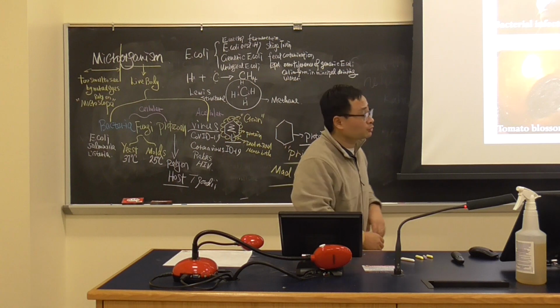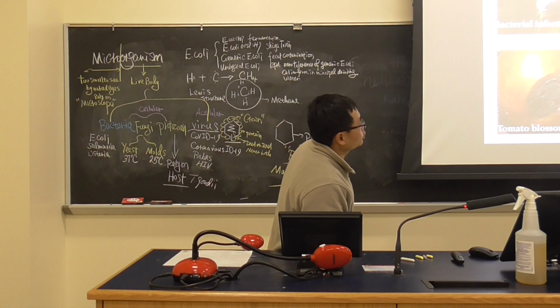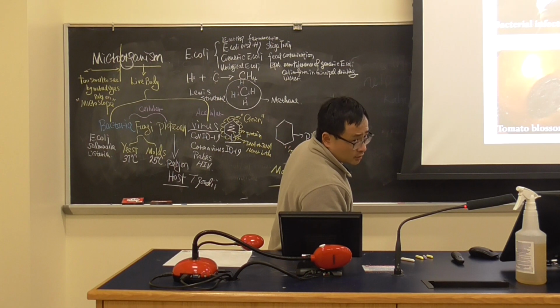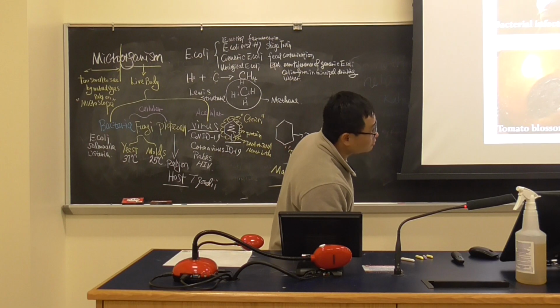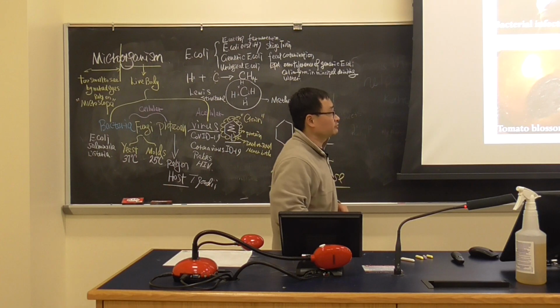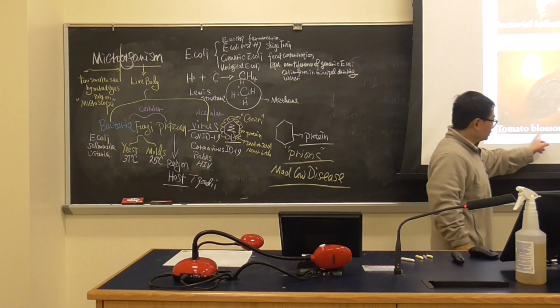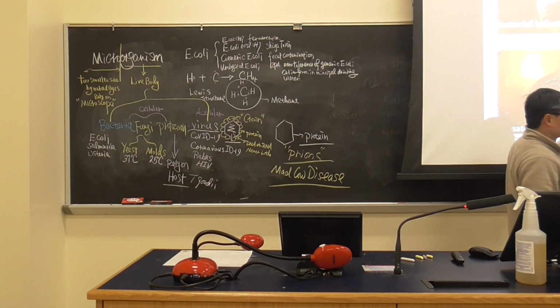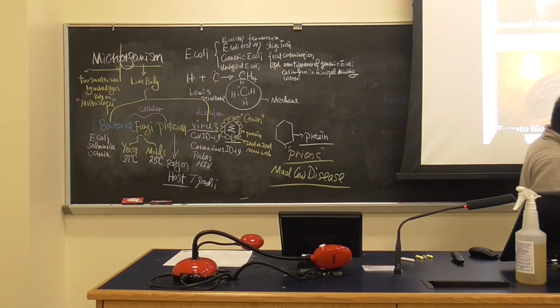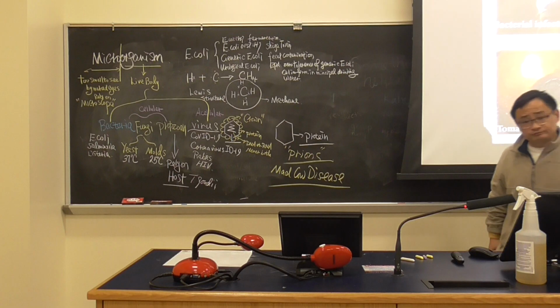This is not only the skin disease or the inflammation of the eyes. It could be a sexually transmitted disease showing up as conjunctivitis of the eye. Tomato blossom and blotch, caused by Erwinia. It's a plant pathogen. This is everybody knows.